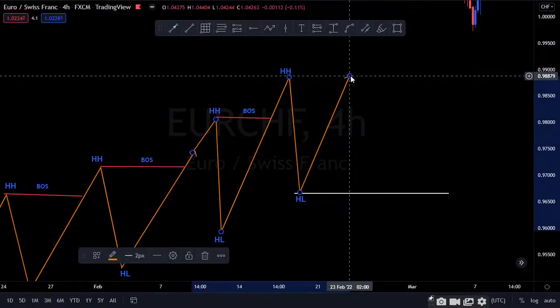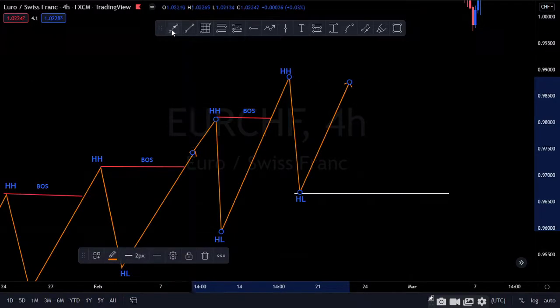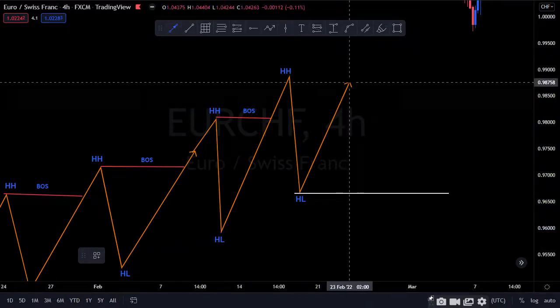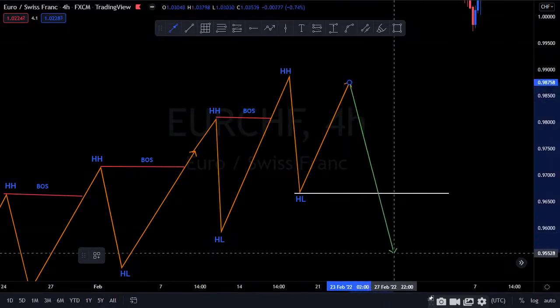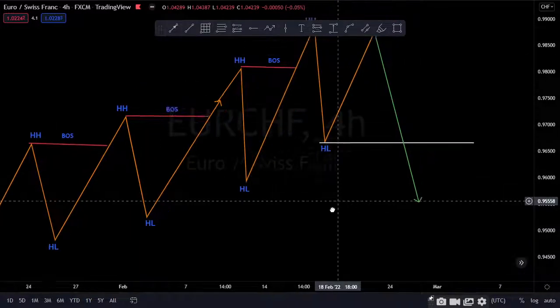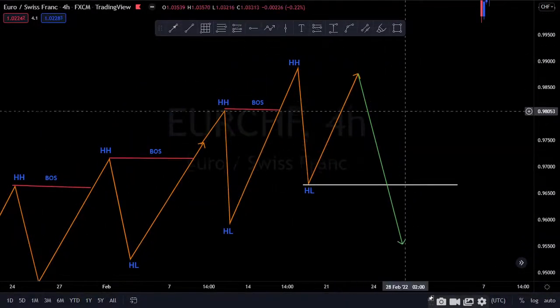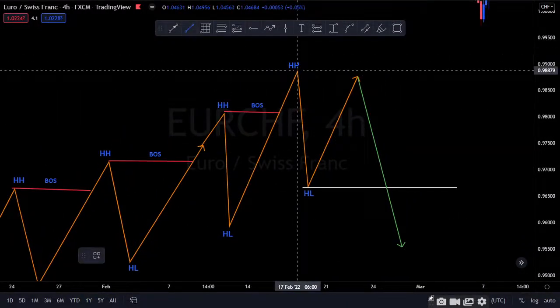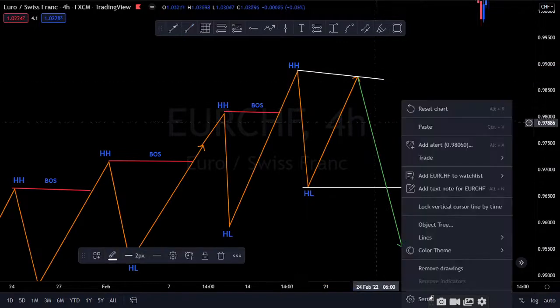It couldn't form another higher high and then came to break this low. Here we can say that the structure has changed. You see that here it couldn't form a higher high.